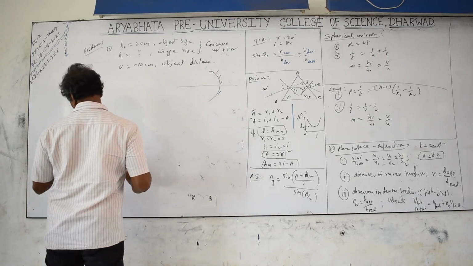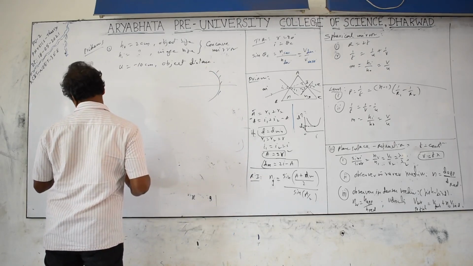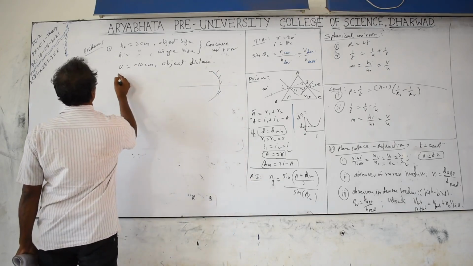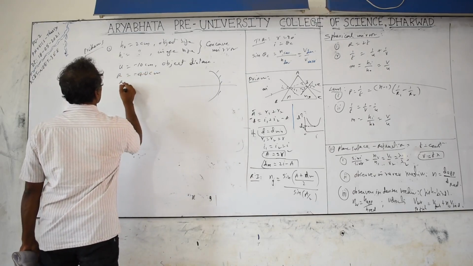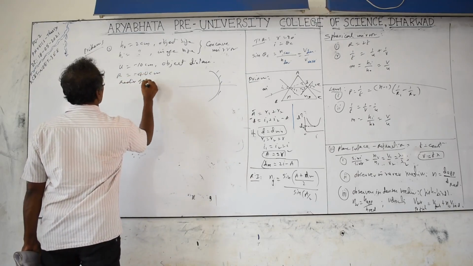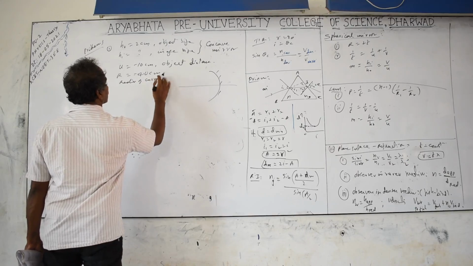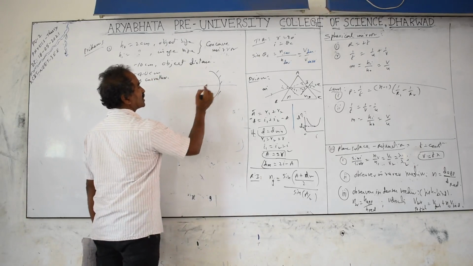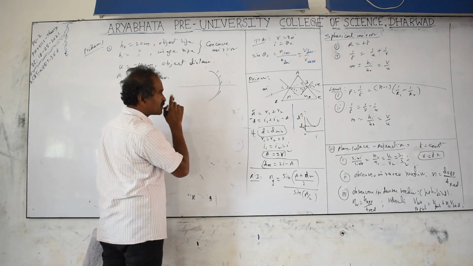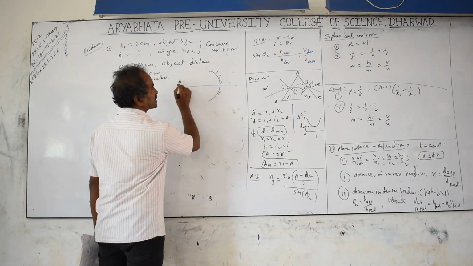Focal length is not mentioned; radius of curvature is mentioned. Radius of curvature is 40 centimeters. For the concave mirror, if they do not mention the direction, we take the light passing from left to right.